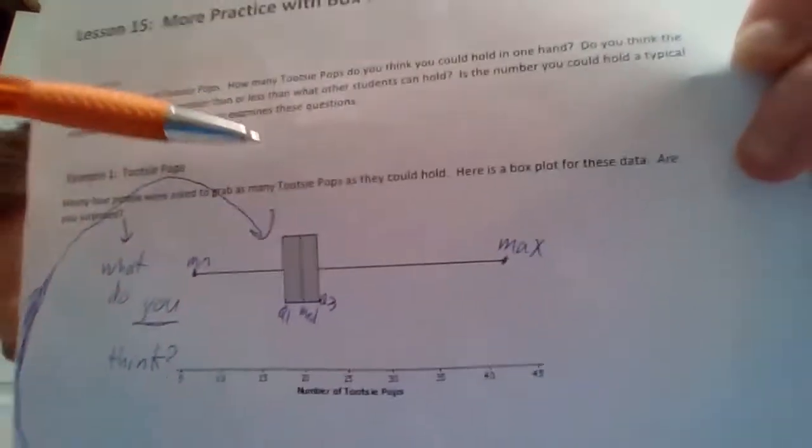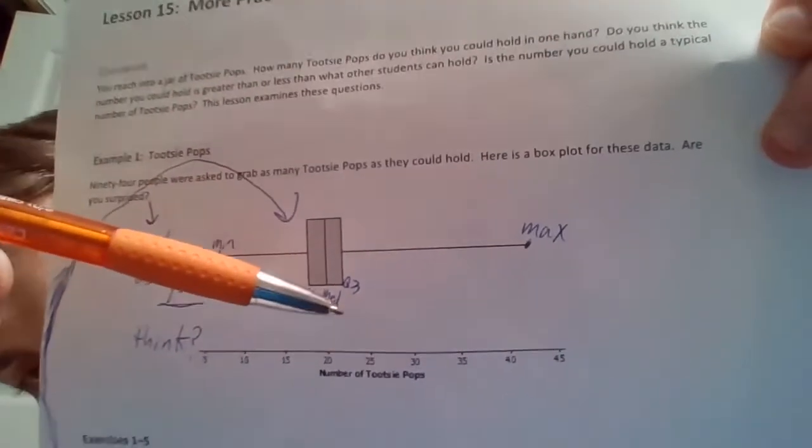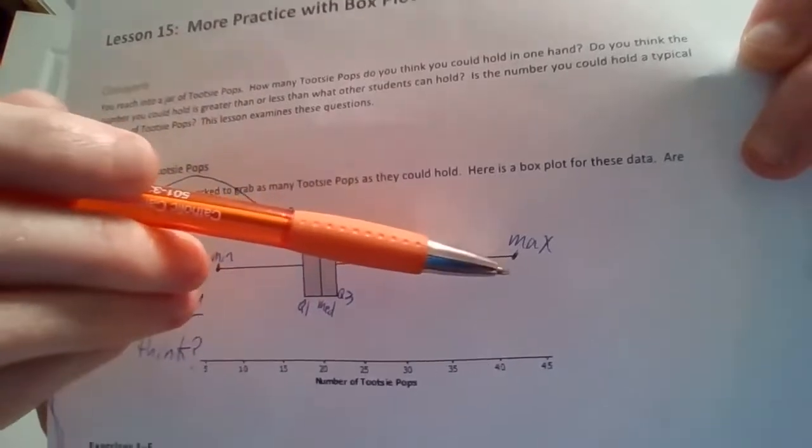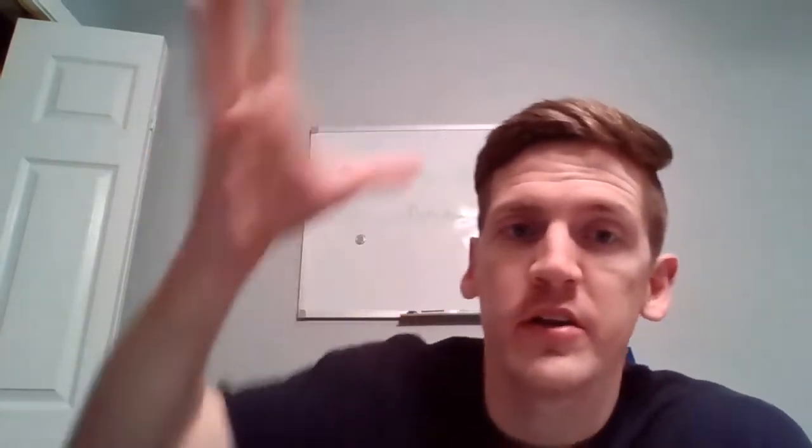If the median's 20, does that mean that about half the people could hold more than 20? I would say yes. Since the median cuts it into halves, that upper half should represent people holding more than 20. So I would also say that last sentence is true as well.